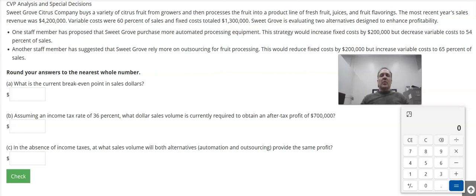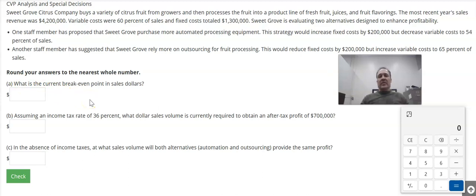And then it says Sweet Grove is evaluating two alternatives designed to enhance profitability. Okay, now I want to stop right there because I remember what they want for requirement A. It says, what is the current break-even point in sales dollars?